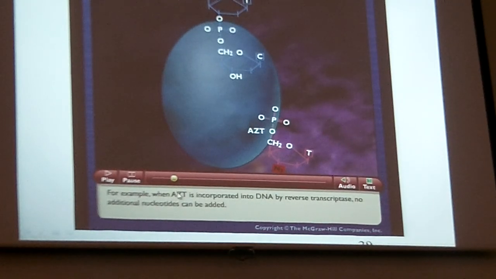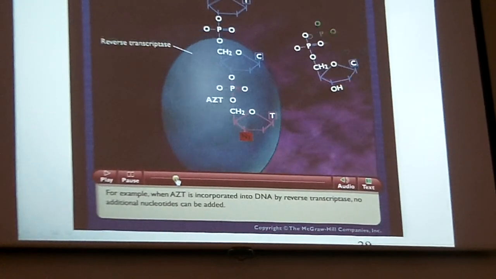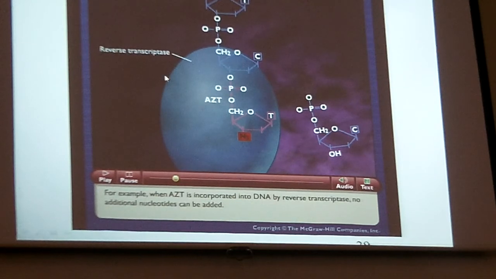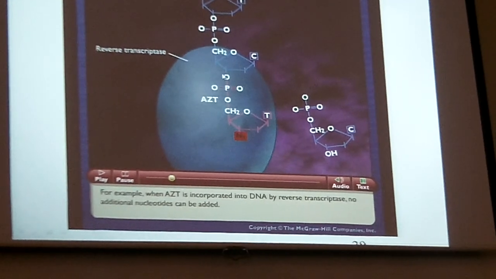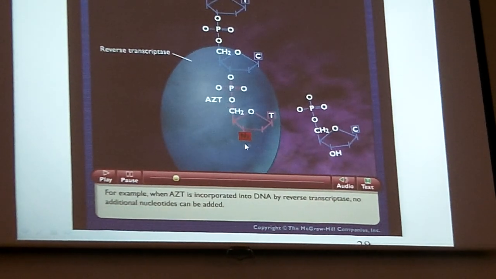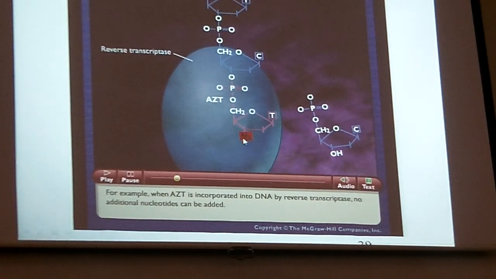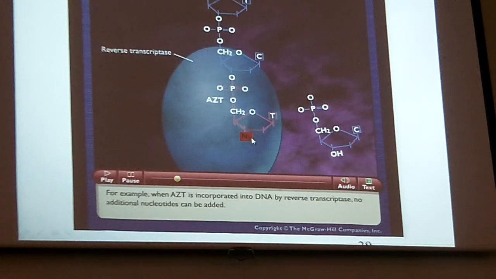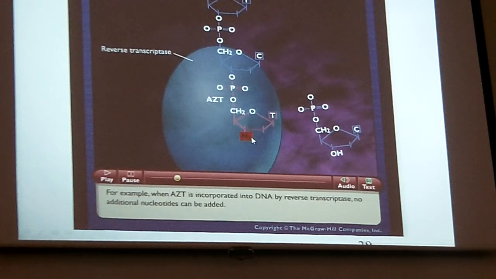And so when this AZT binds, the reverse transcriptase puts it on thinking it's a nucleotide, but it's not. It has a little bit different molecule, and it keeps new nucleotides from being able to be added. So reverse transcriptase cannot do its job. And so that stops the virus. That's one of the drugs.